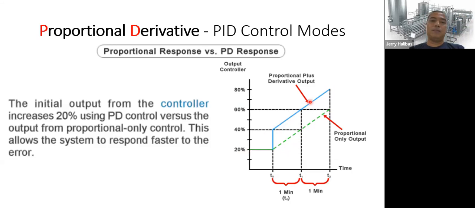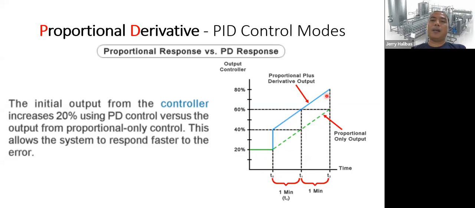So that means proportional derivative has an advantage as compared to proportional only. Okay, because of this simple comparison. Your proportional goes up from 20%, and takes a long time to reach 60%, whereas with proportional derivative, when you apply the derivative, it steps up instantly, together with the proportional.